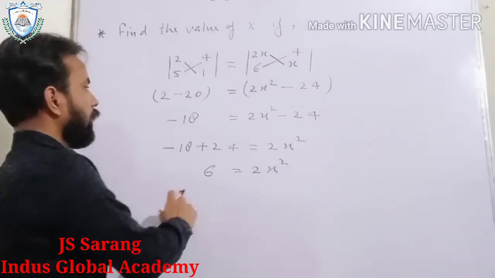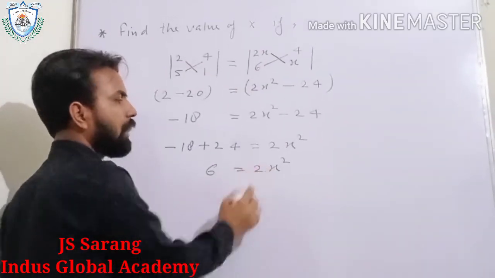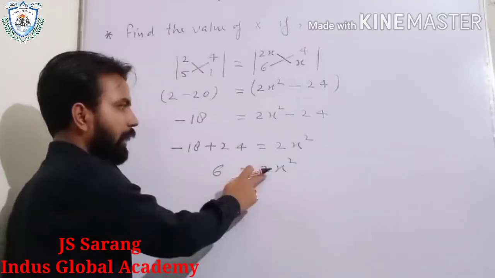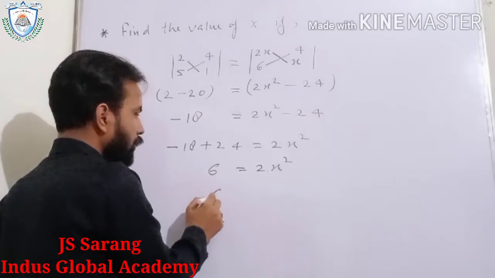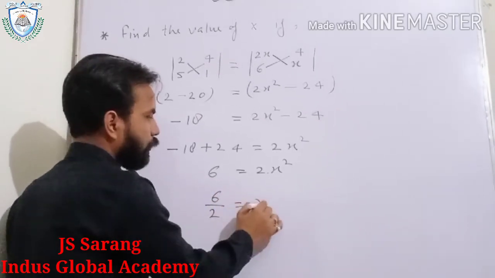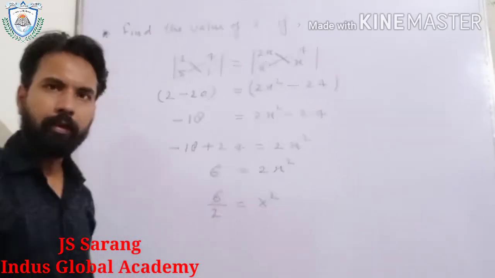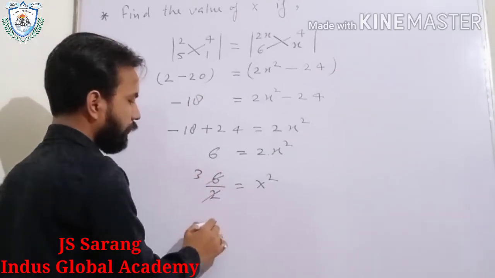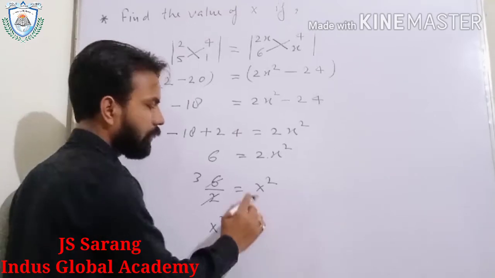Understood? Now this 2 and x square, there is multiplication. So if we want to shift this 2 to the left hand side, it will be in the denominator of 6. So 6 upon 2 equal to x square. Clear? Now 6 and 2 can be cancelled. 2 3s are 6. So the value of x square is 3.